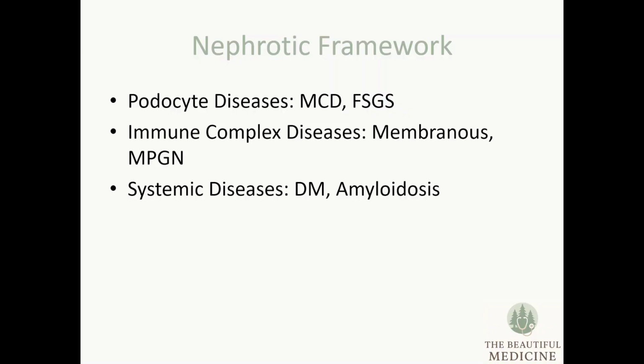Those names are really hard, but you can get used to them. Then immunocomplex diseases, membranous, MPGN, and systemic diseases, diabetes, amyloidosis. So we can divide the framework this way, so it's pretty easy and simple to visualize. And when you're explaining to yourself, you're drawing your own scheme by dividing it this way. It will make it very easy to identify questions and answer them correctly.